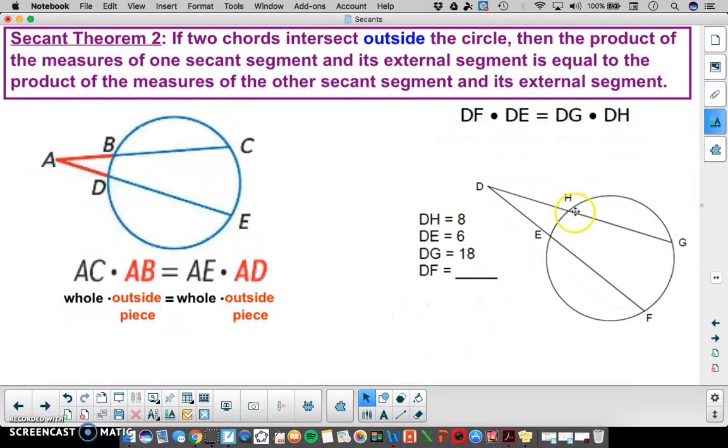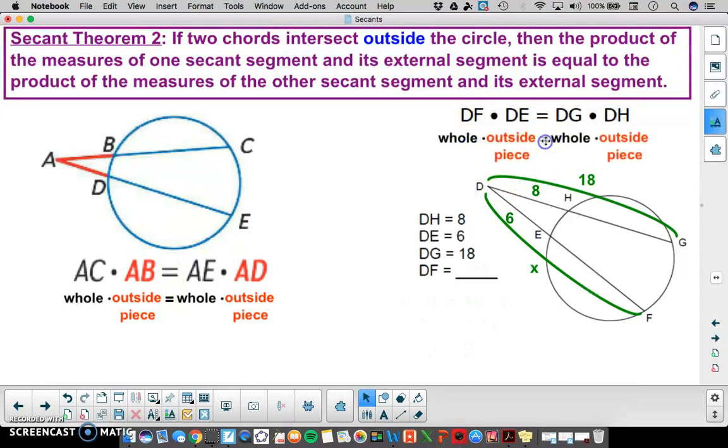So in this example here, I have DF, which is the whole, times the outside equals DG times DH, whole times outside. We're given that DH is 8, DE is 6, DG is 18, and we want to find out what DF is. So we're going to use this whole times outside equals whole times outside.